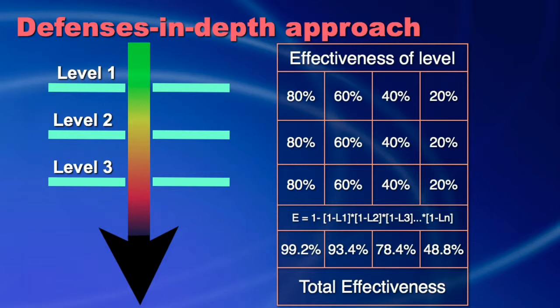The key point to take from this is that when you are looking at multi-layered control systems, even if the individual layers themselves are not particularly effective, as a system working together, they can be particularly effective.